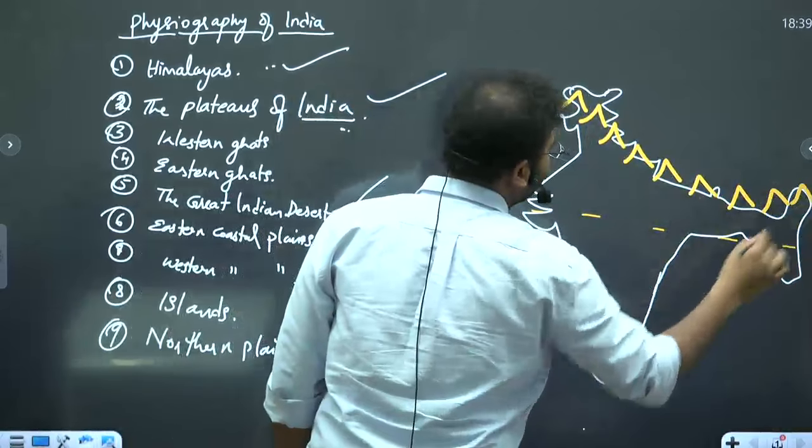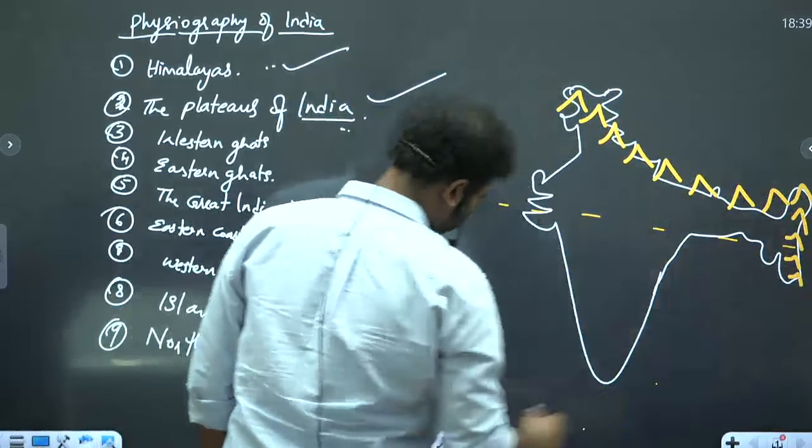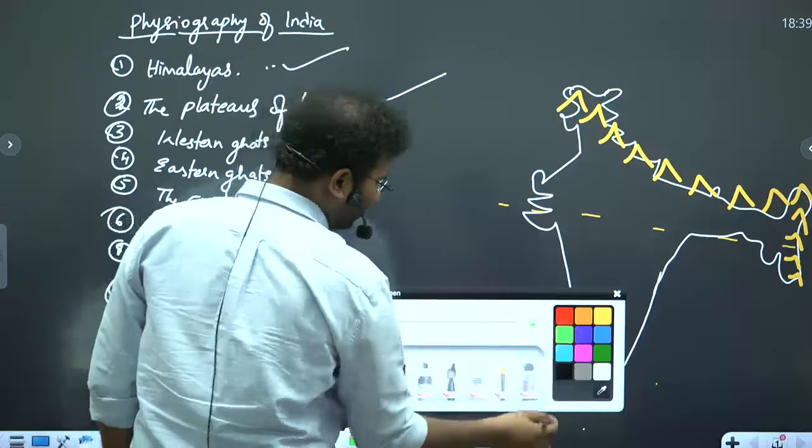These are your Himalayas, and these are your islands. Western coastal plains.